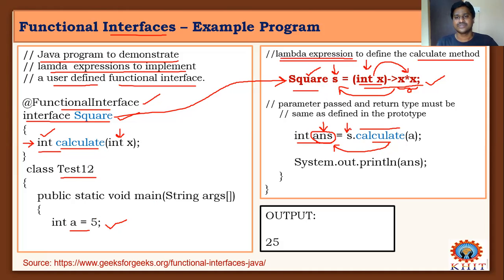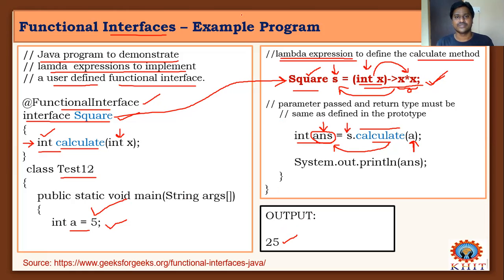So s.calculate by passing some value, that is 5. It is given here, and it simply executes this lambda expression and returns the square of this 5, that is 25.